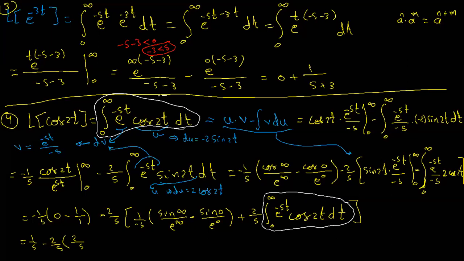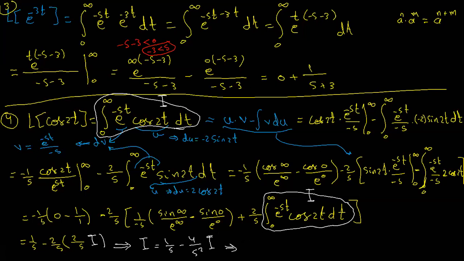So let me call this I. So this one is also I. So I'm going to write 2 over s. Instead of all this integral, I'm going to write I. So now what I have is that I equals 1 over s minus 4 over s squared I. Am I right here? I need the I. So let me move all those here.